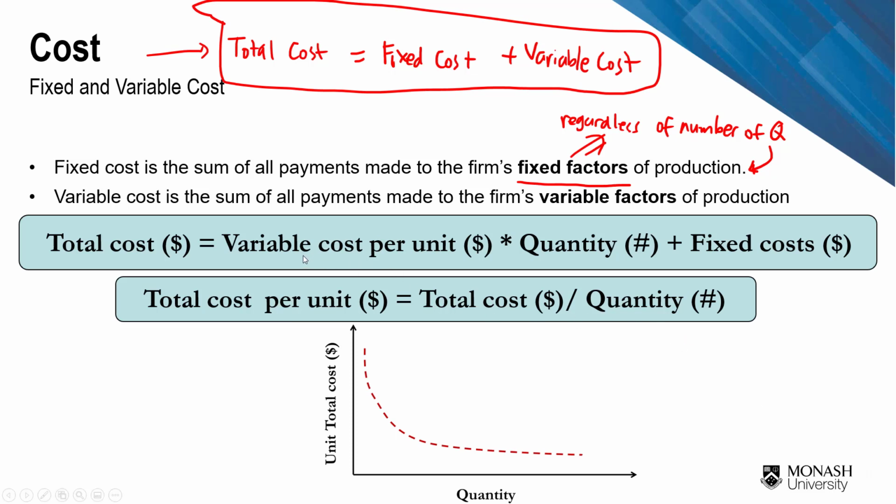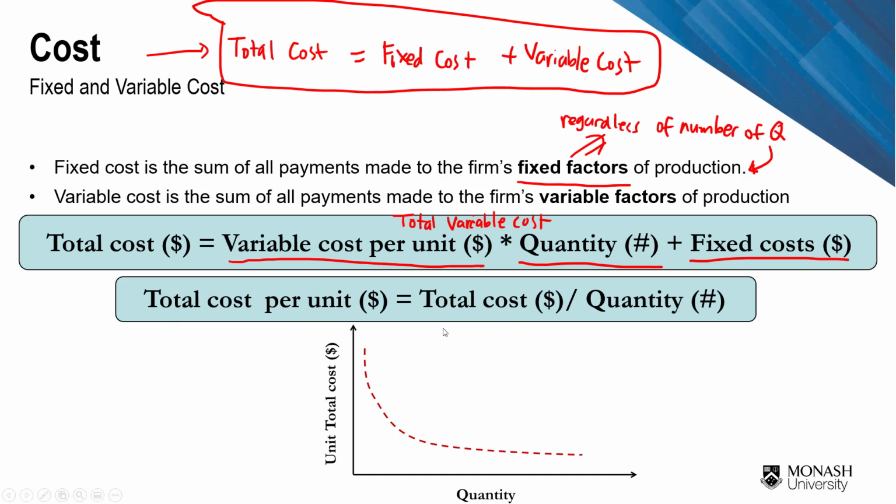And then what they do here is that total variable cost is the variable cost per unit times quantity. And also fixed cost: fixed cost is basically the total, because it doesn't vary by quantity.